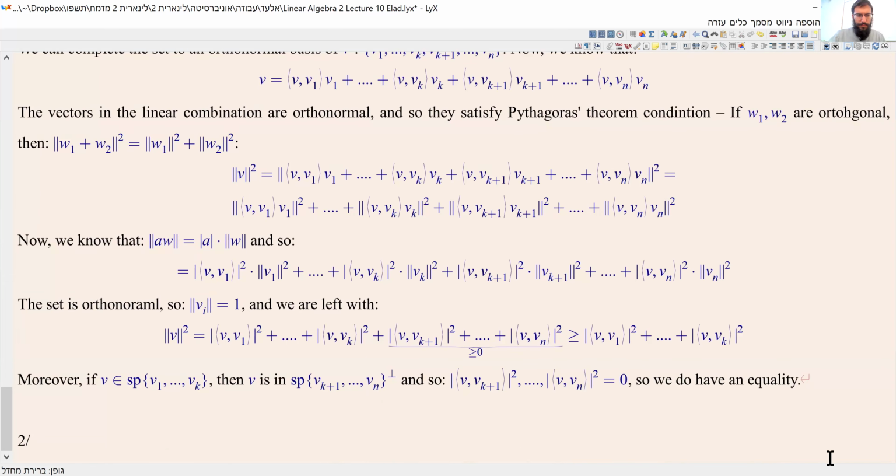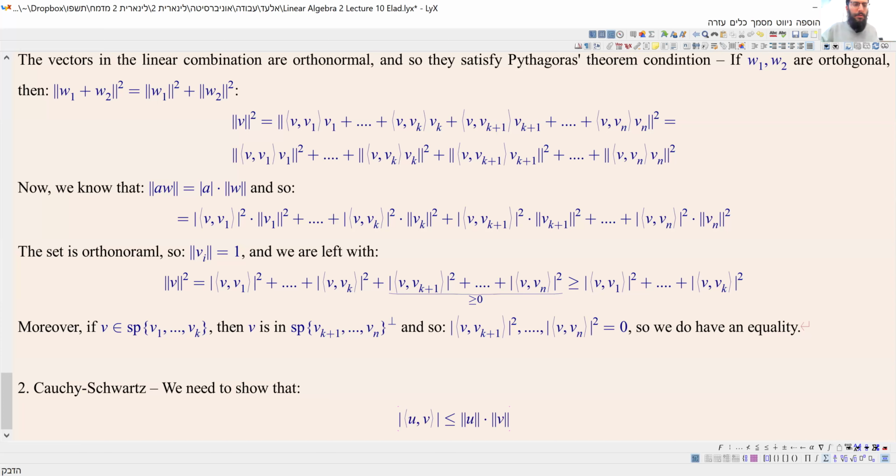We need to show that the absolute value of the product is smaller than the product of the norms, and then we show that it is equal when U and V are linearly dependent.